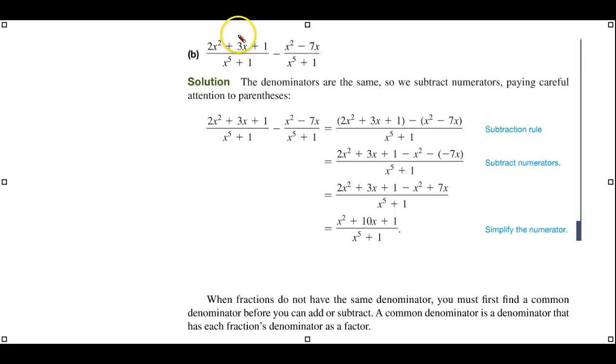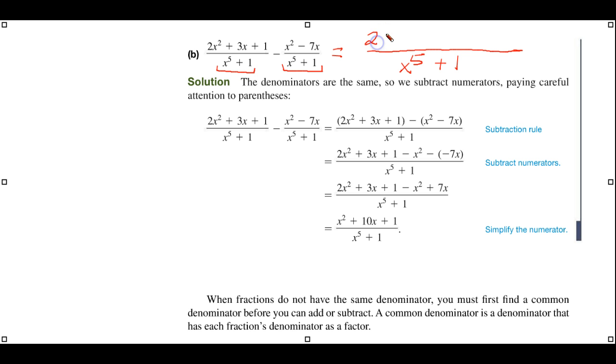In B, it gets a little tedious, but you want a strategy for doing it. But fortunately, here our denominators are already the same. So what I'm going to suggest when you see something like this, you're going to write all of this over your common denominator, in this way.